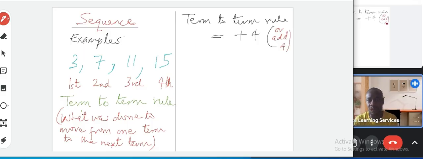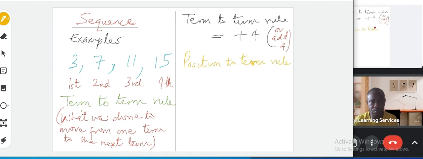Can I give you another one before we talk about, let's see, position to term rule? Position to term rule. Are you ready for that? Yeah. Position to term rule talks about how the position and the term are related.